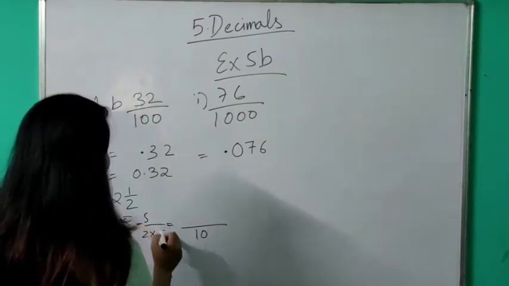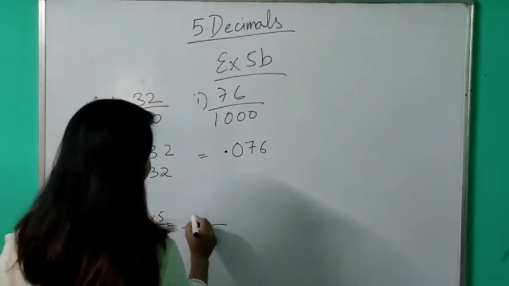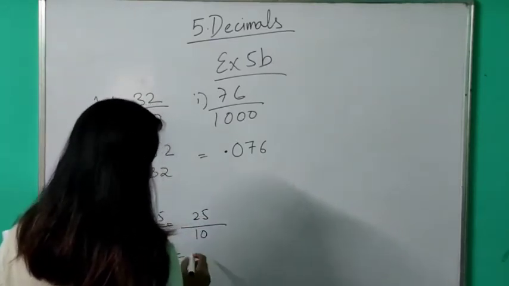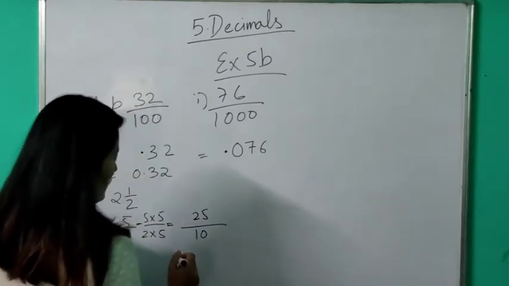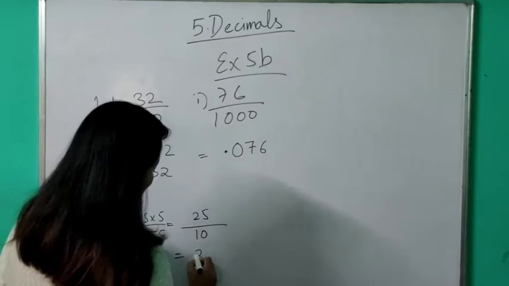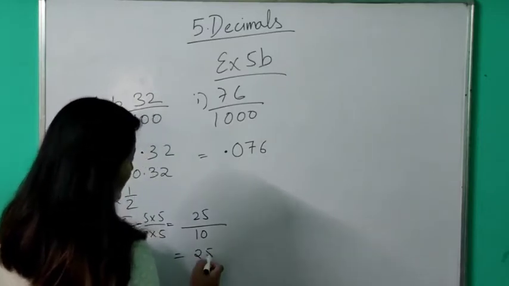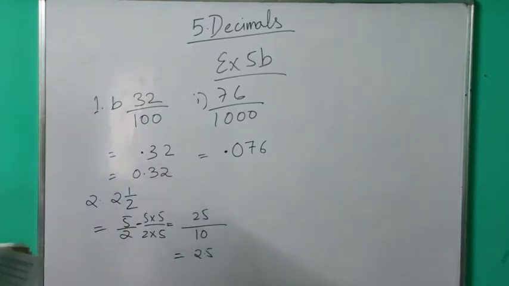With the same number you will multiply the numerator, so 5. 5 5s are 25. Since you have only one 0 here, you will place the decimal point after one digit. Starting from the right, 5, you put your decimal point here.